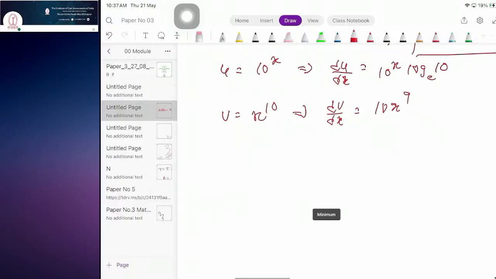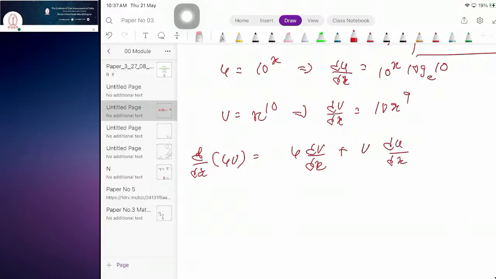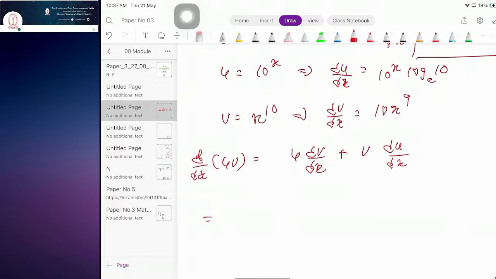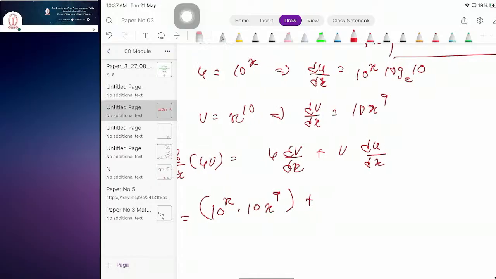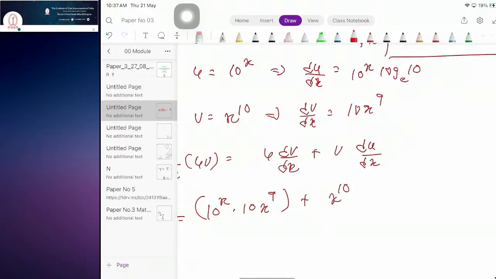Now let's take the multiplication. d upon dx of uv is equal to u into dv upon dx plus v into du upon dx. Okay, u is actually 10ˣ, we write 10ˣ, and its dv upon dx is 10x⁹. This is the first term, plus v is x¹⁰ into du upon dx. The value of du upon dx came to be 10ˣ log 10 to the base e.